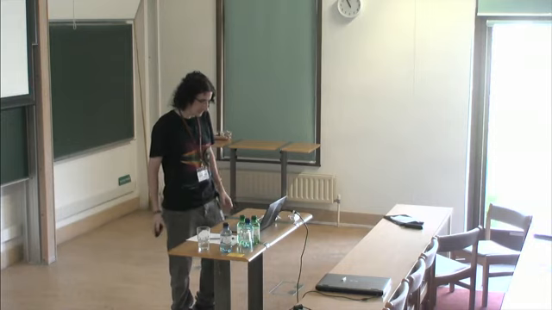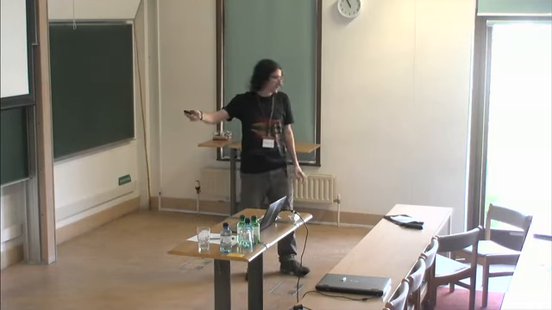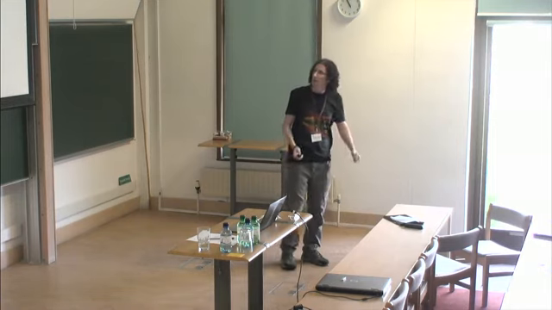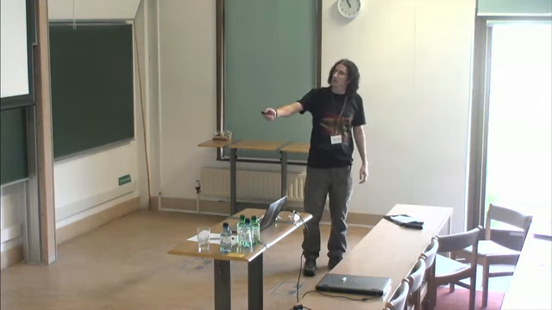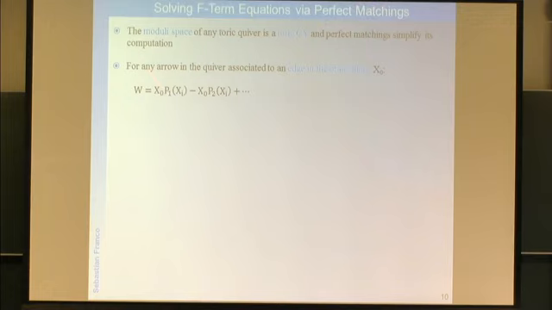It was difficult. For any arrow in the quiver, any chiral superfield appears in exactly two terms in the superpotential with opposite signs. So given an arrow x0, the superpotential looks like this. There are several terms that don't involve x0, and there are two terms that involve it: x0 times some monomial, which I call p1, and x0 times some other monomial, p2.